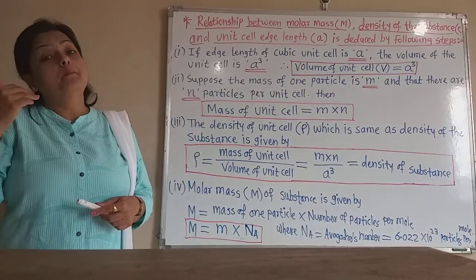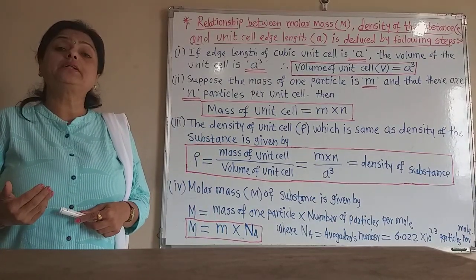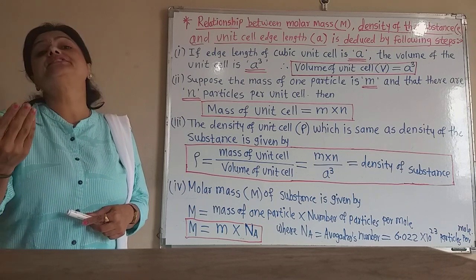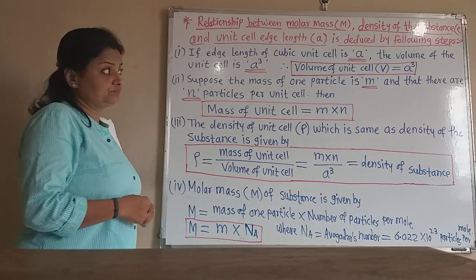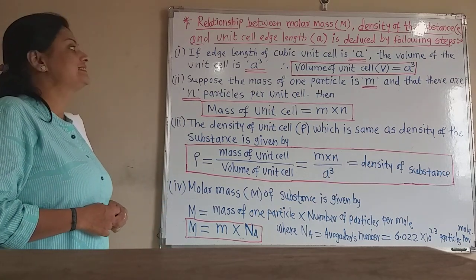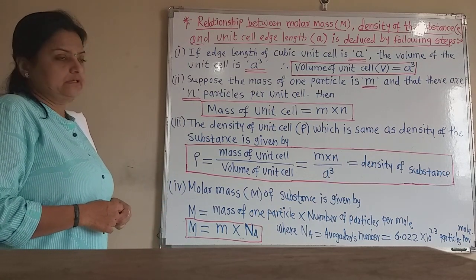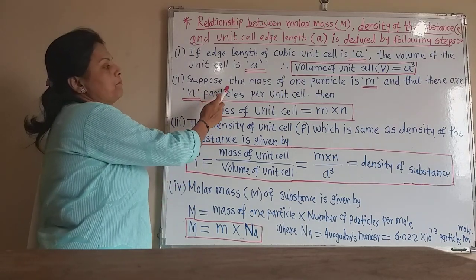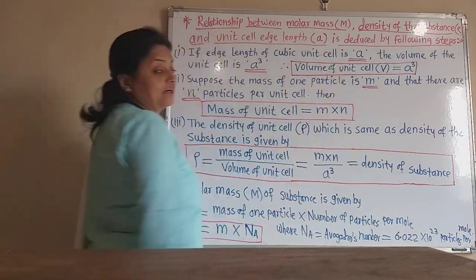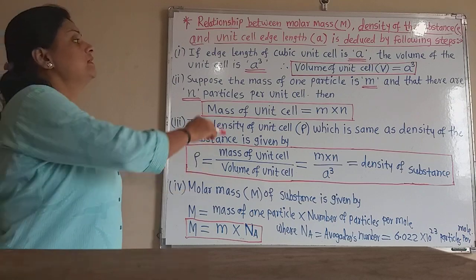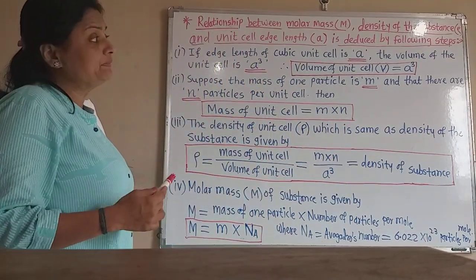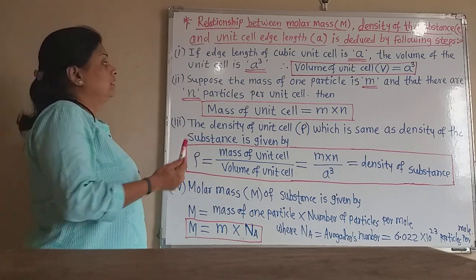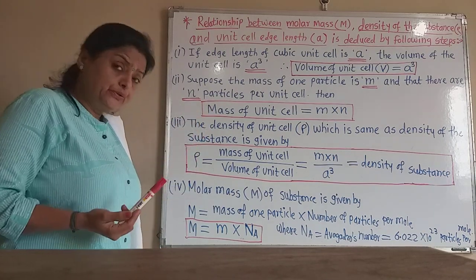So the mass of the unit cell depends on how many particles are present in that unit cell. Suppose the mass of 1 particle is small m, and there are n particles per unit cell.